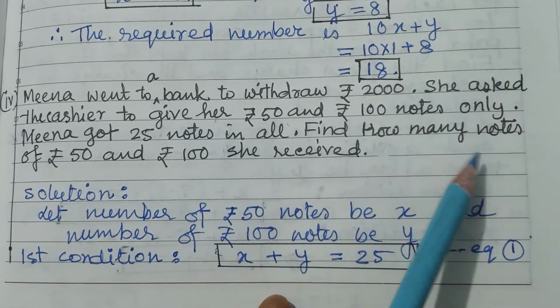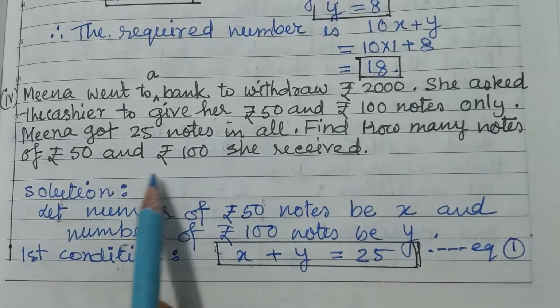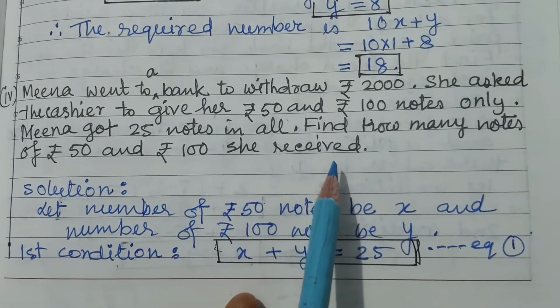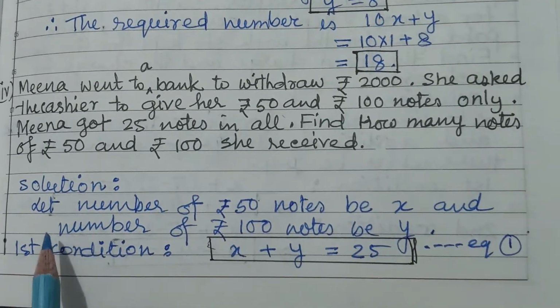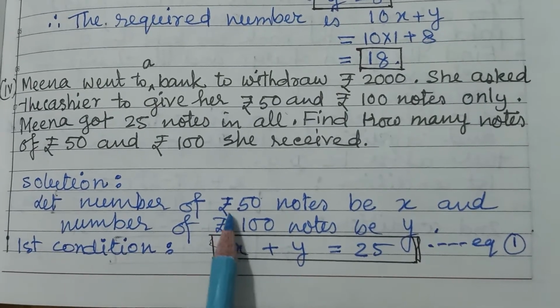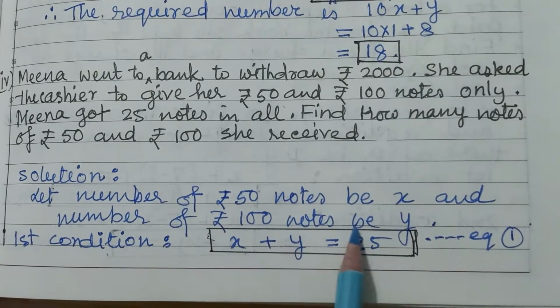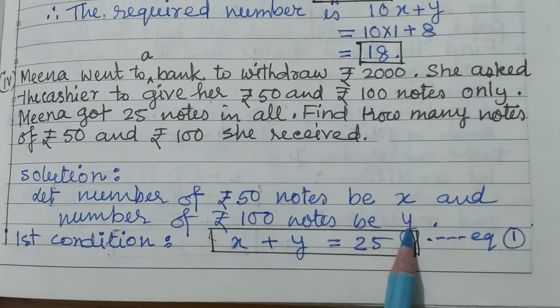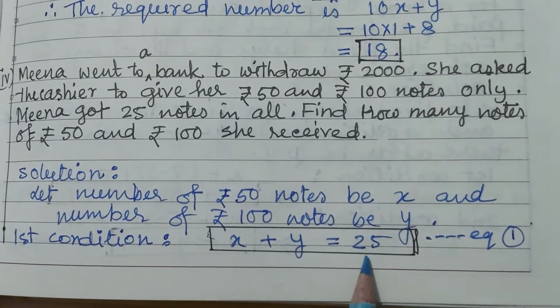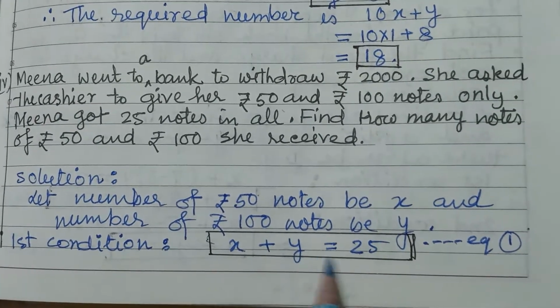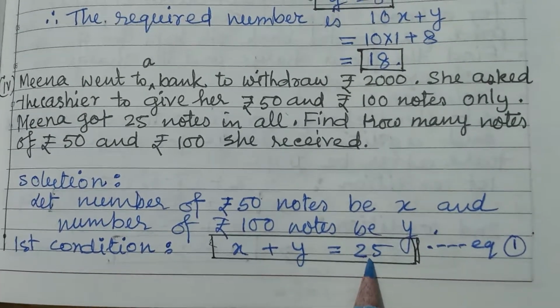Find how many notes of rupees 50 and rupees 100 she received. Now let the number of 50 rupee notes be x and 100 rupee notes be y. So total notes is 25, so x plus y is equal to 25. It is our first equation.